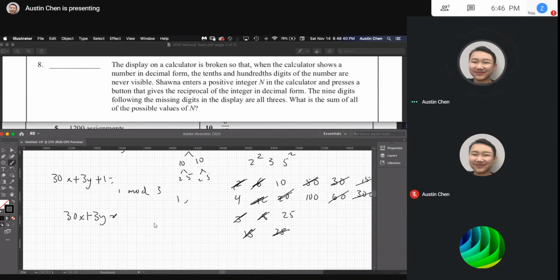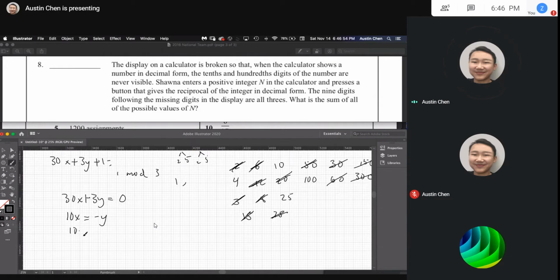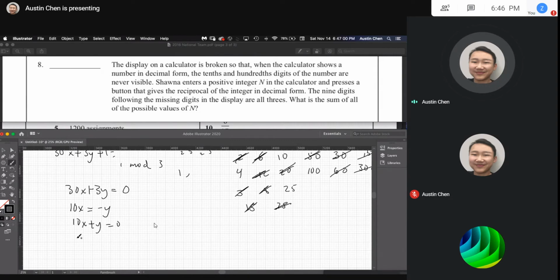So in our one case, we will have this equals 0, or 10x plus y equals 0. So this is impossible, right? Or only when x and y equal 0.